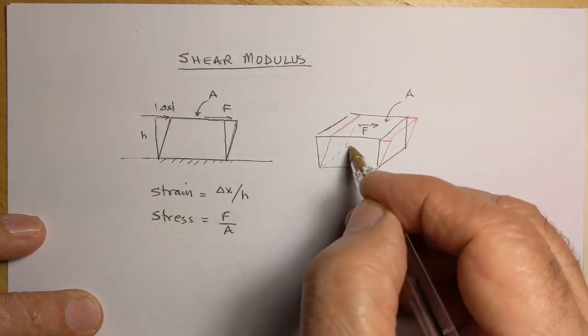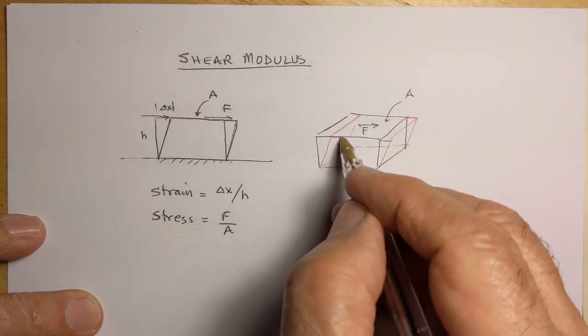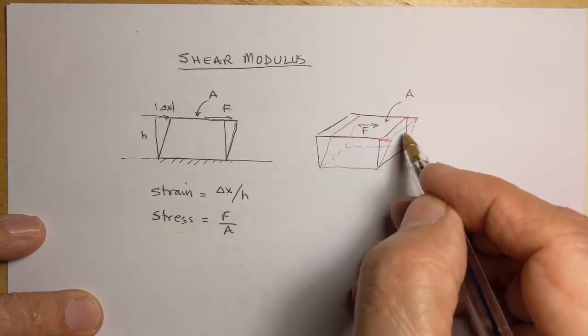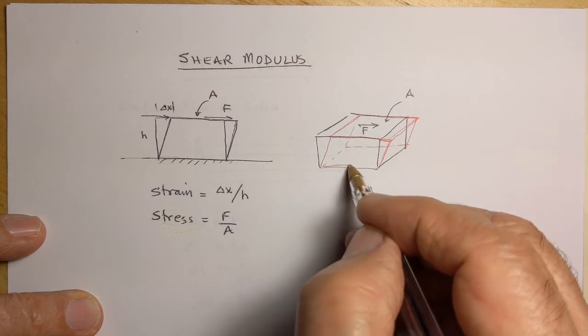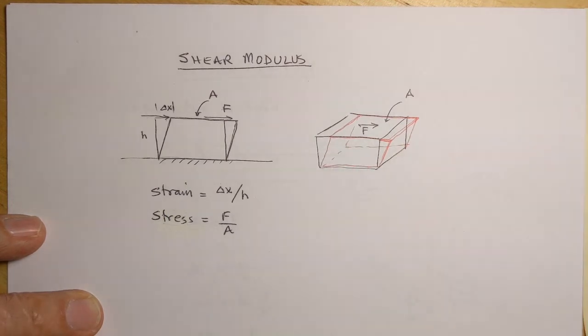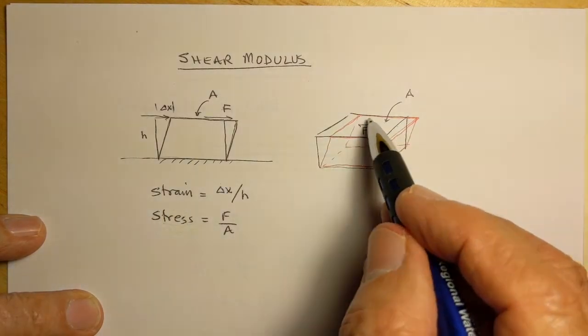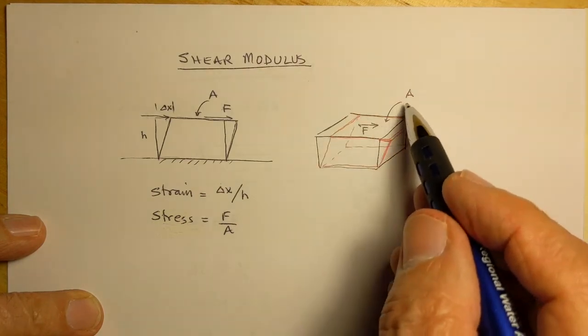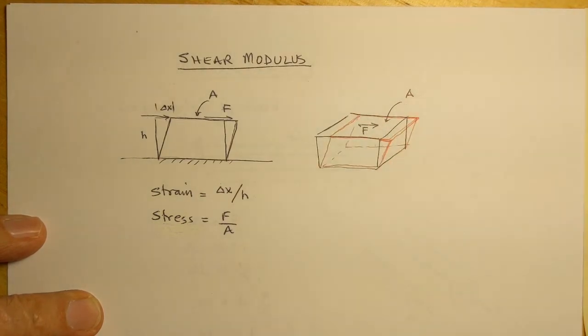So this would be the new shape of this object, sort of twisted.